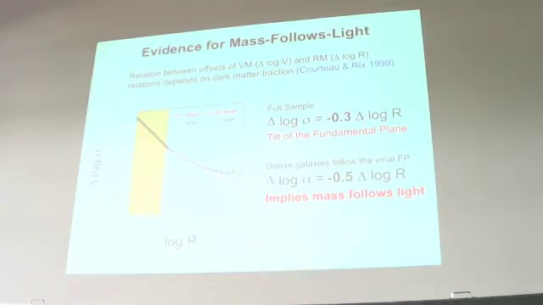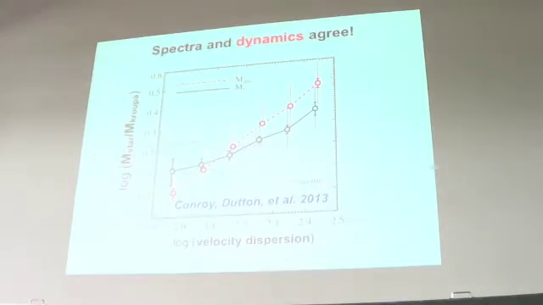And then what's interesting is we bin the galaxies by velocity dispersion, and I measured the dynamical mass using mass follows light, and then Charlie used his models to measure the mass using the stacked spectra, and we get pretty good agreement. And there's even room for some dark matter in these galaxies.